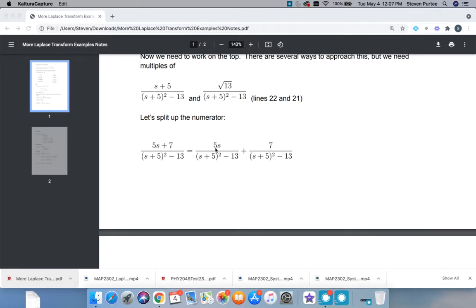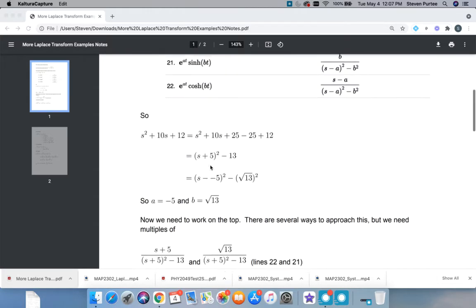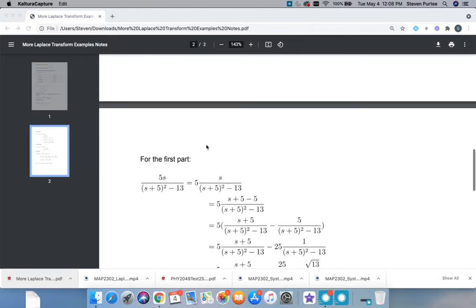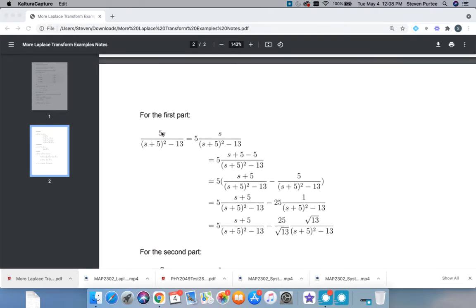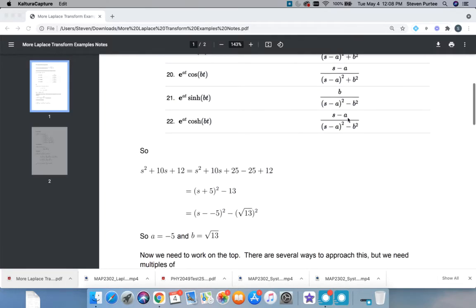Okay, let's deal with this guy. So that one has an s in it. I'm trying to make that look like this. That's going to give me, right here, an exponential times a hyperbolic cosine. Okay, so first I'll pull that 5 off the front. It's right here in the formula. I have to match the formula.